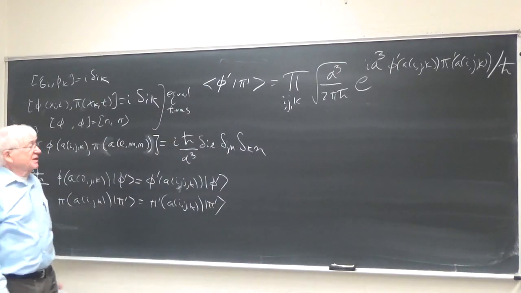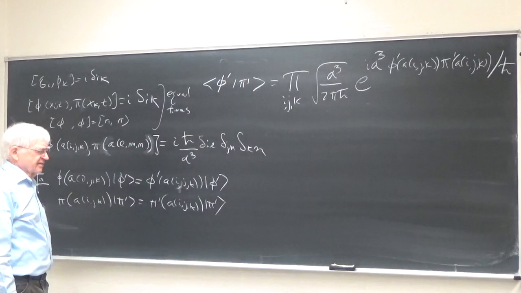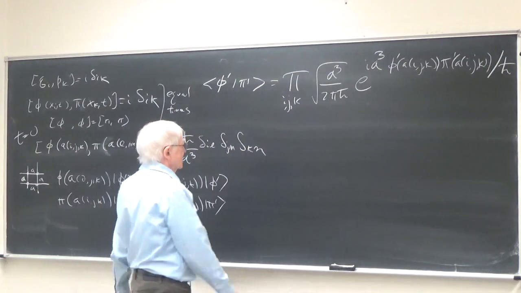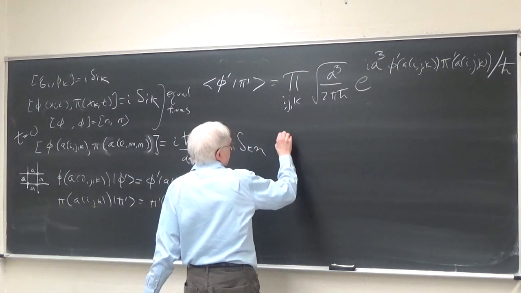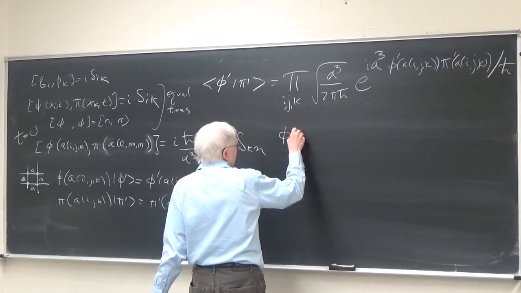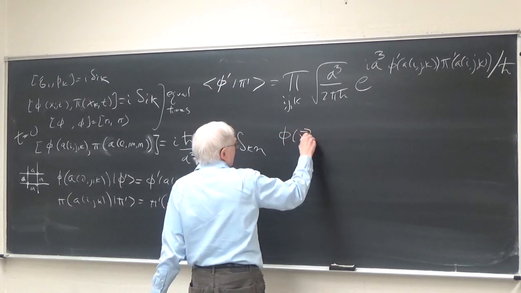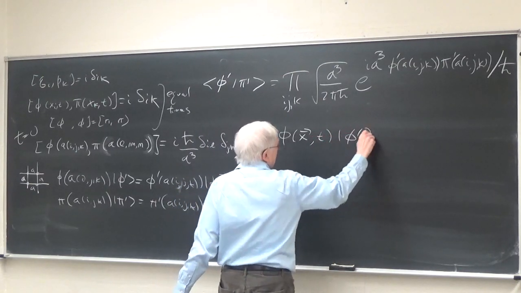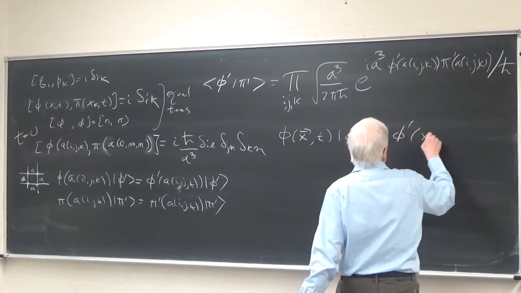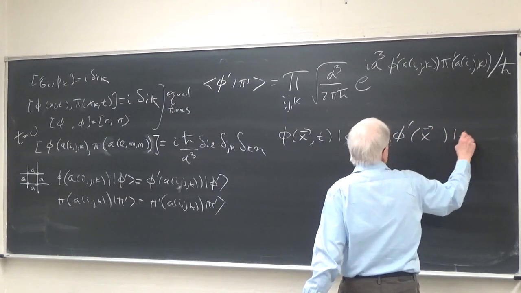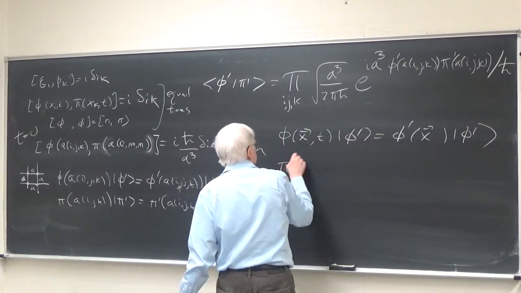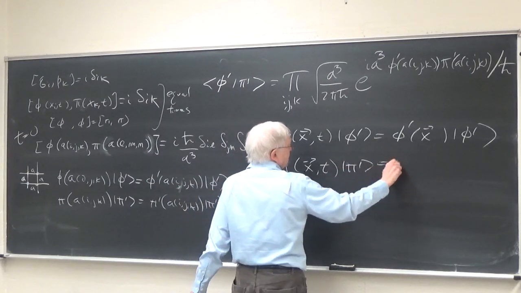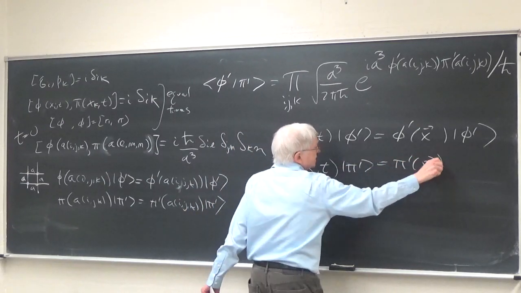And if we imagine that the lattice spacing goes to 0, then in that limit we recover a continuum theory in which there are eigenstates of the field operator at x and time t, phi prime of x, and then there are eigenstates of the momentum operator at a given time, pi prime of x.